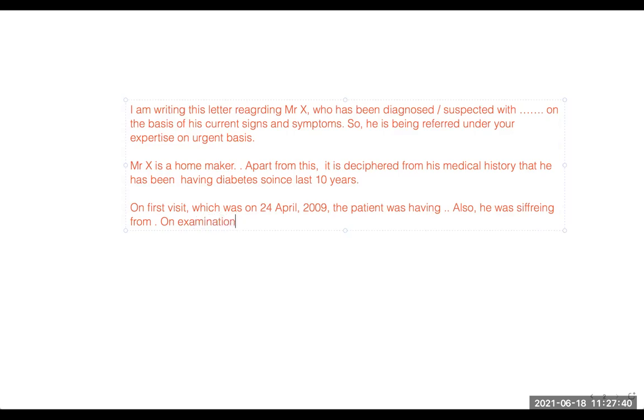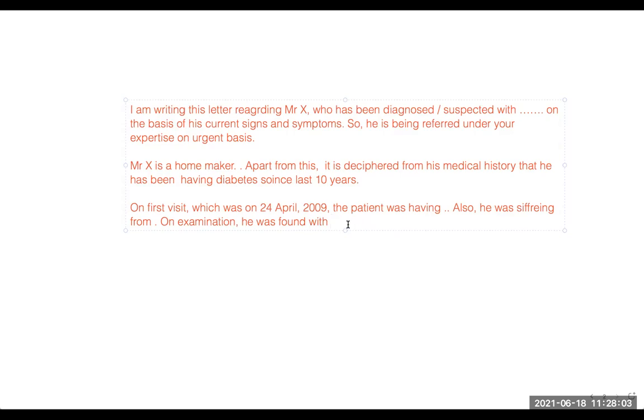Now we will make it: on examination he was found with. So be plus third form, was plus third form. That means now it is a passive voice. Here it is the second form of be, that is was plus third form. That means he was found by us, but we do not write by us, so we are not writing it. So he was found with.